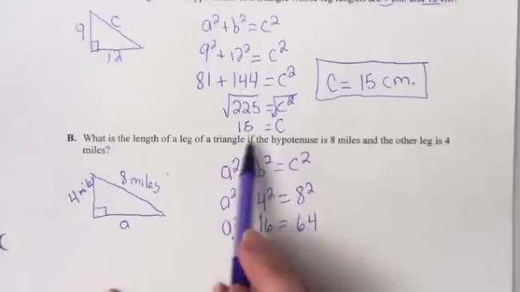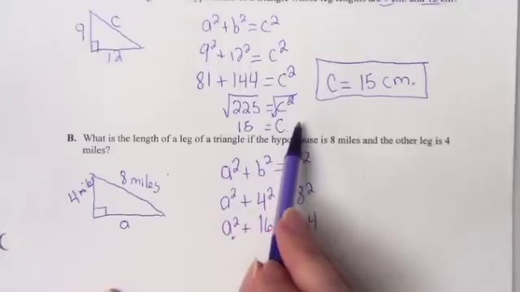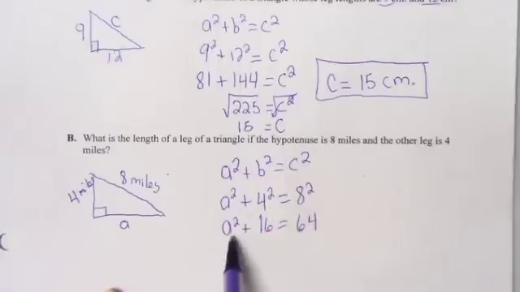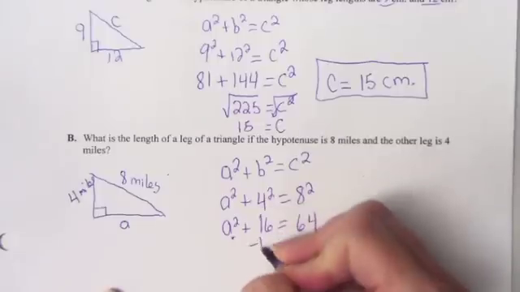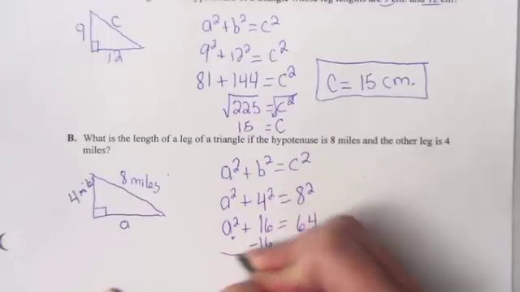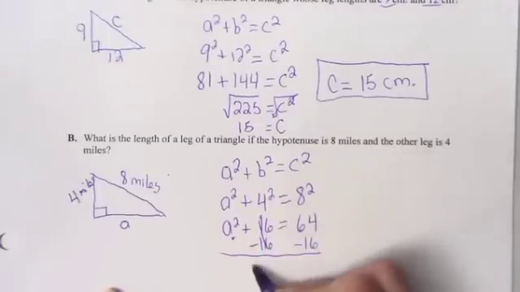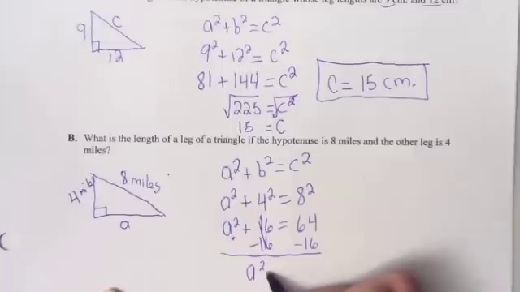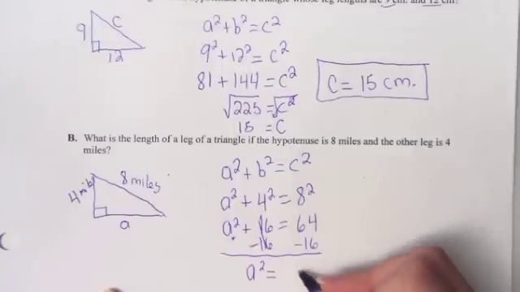Up here, c squared was already by itself, but down here we need to get this by itself. So we're going to subtract 16 from both sides of our equation. We get a squared equals 48.